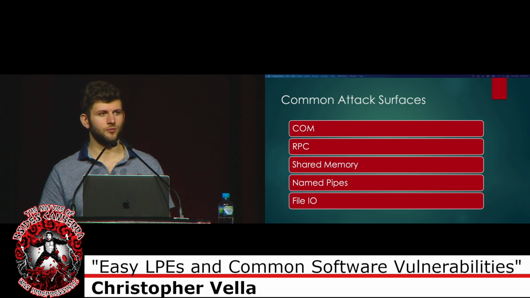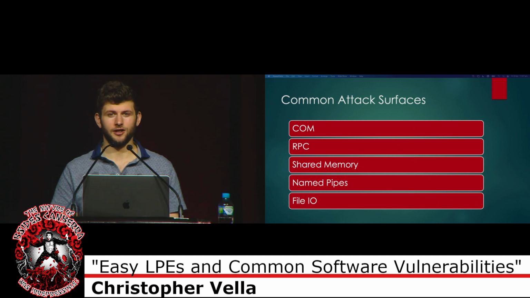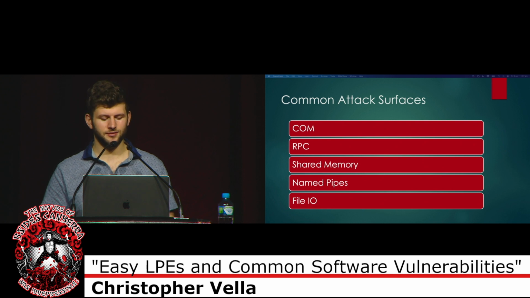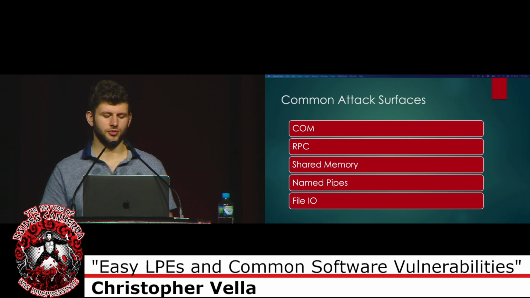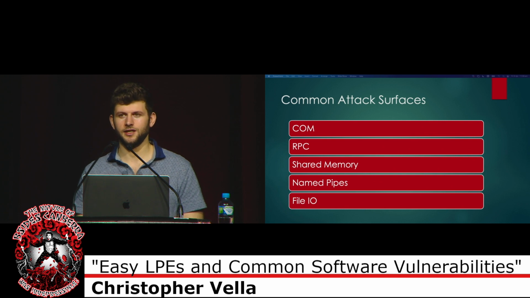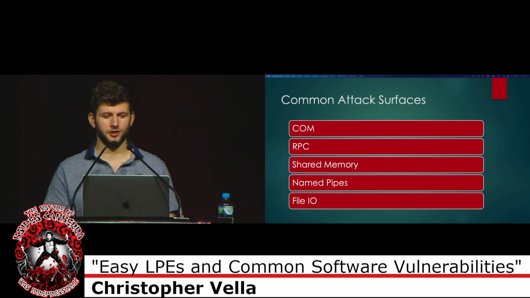And they need some way to interact with each other. That can be via COM, RPC, shared memory, named pipes, just file I/O in general, device drivers, and various other mechanisms. And all these ways of communicating between processes can also be leveraged for, say, an unprivileged process that we create to interact with a more privileged process running as SYSTEM, for example.